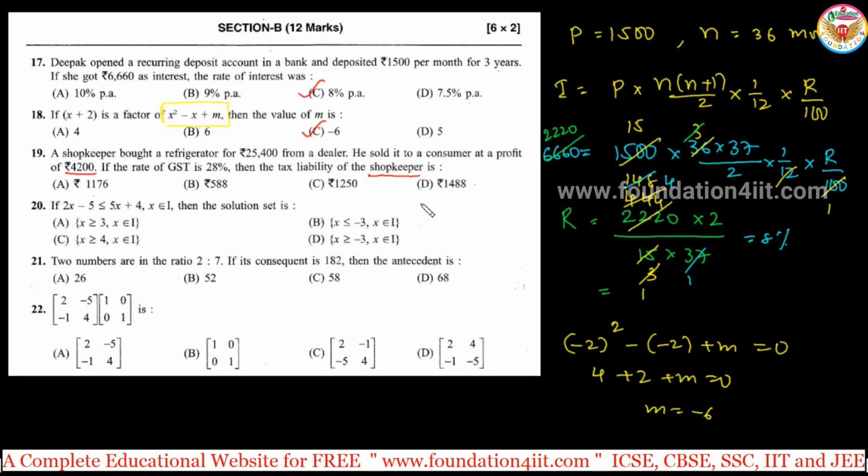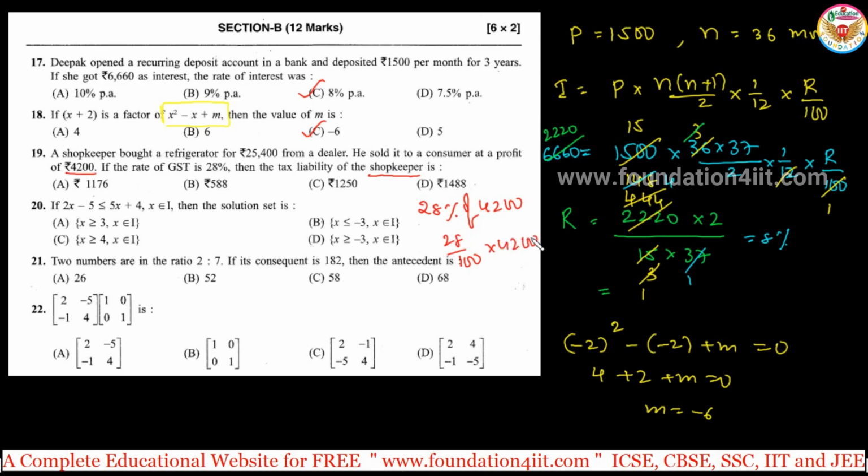So directly you can take 28% of this profit. So 28 by 100 into 4,200. Yes, you can cancel 28 into 42. 1,176. So only tax liability of the shopkeeper is asked. So directly you can find the GST on the profit.